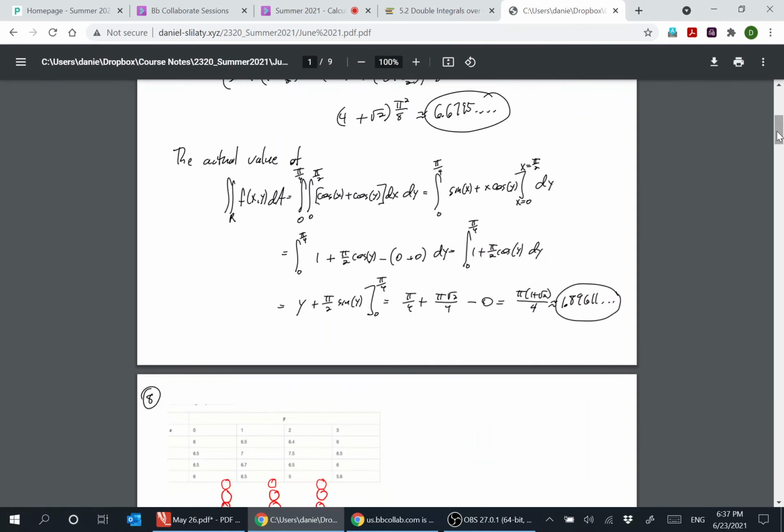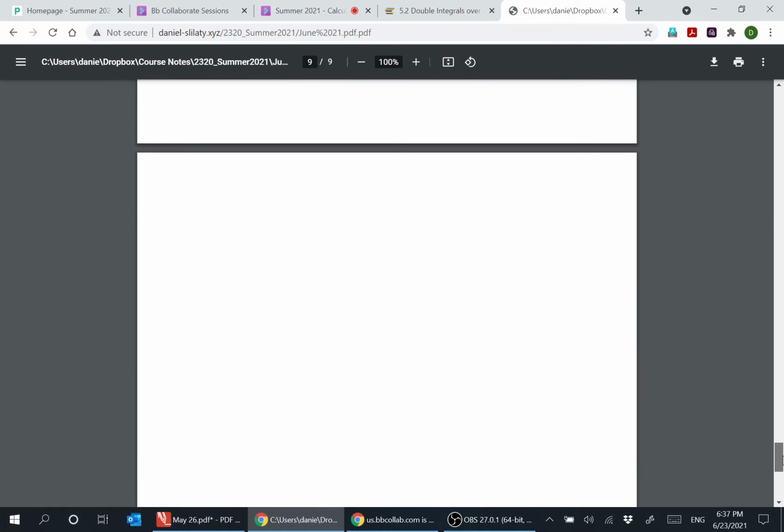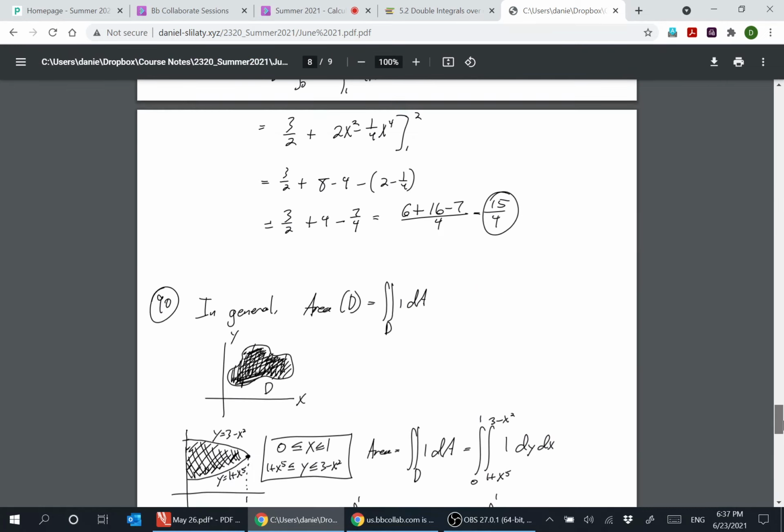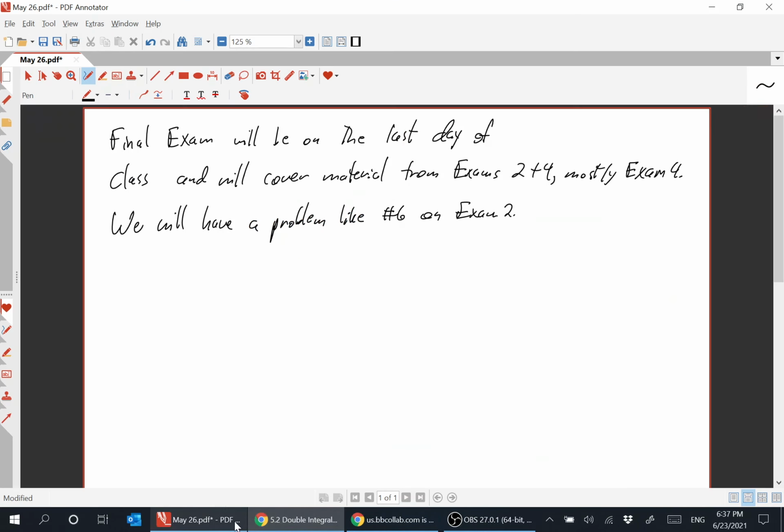And last time, where did we leave off last time? We left off on number 90. Oh, in exam 3, I'll announce the date of it, but that will cover sections 5.1 through 5.6.